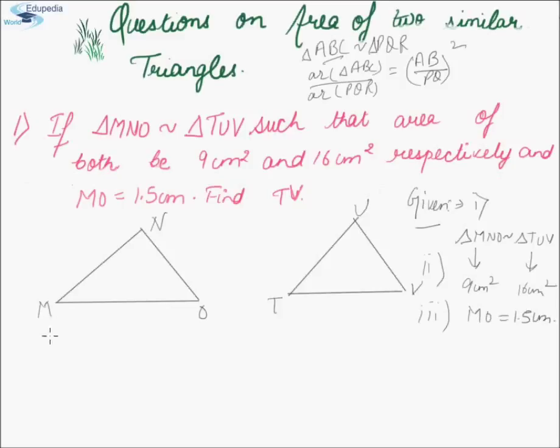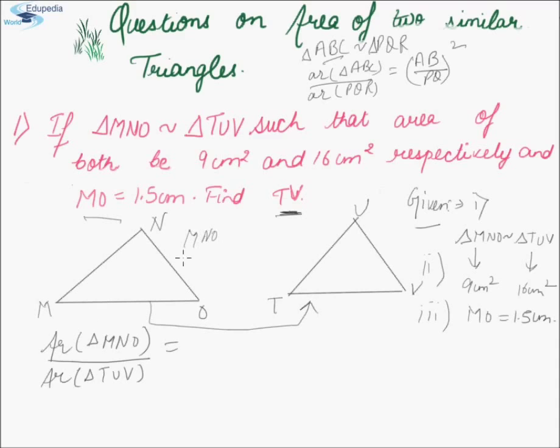Now friends, since these two triangles are similar, we can say that the ratio of their areas, that is area of triangle MNO over area of triangle TUV, will be equal to the ratio of their corresponding sides squared. Since the two sides involved are MO and we need to find the side TV, we can say that they are corresponding sides because the order of the triangles involved is MNO and TUV.